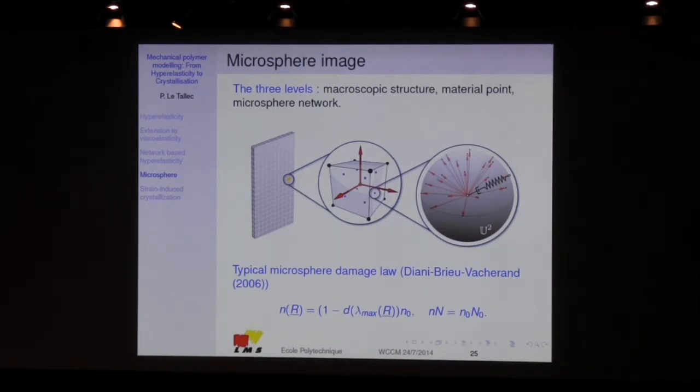And for example, the damage law of Diani, Brieu, and Vacheron in 2006 was simply to control the number of chains, and thus the number of segments in a given direction, by the maximal elongation obtained in the same direction. So if you had a large elongation, at some time you break chains.